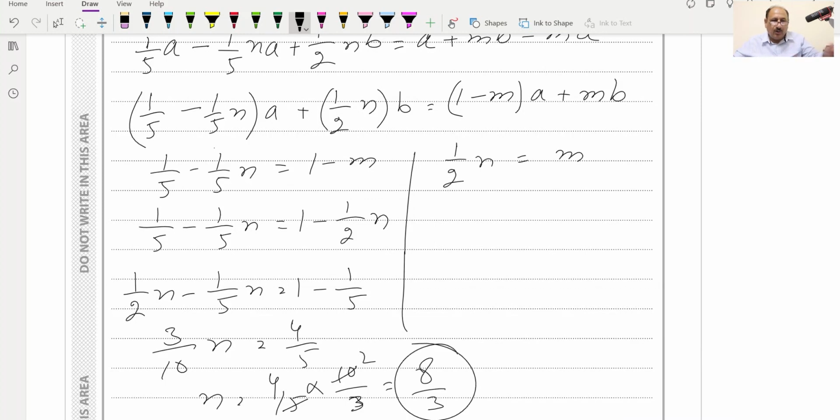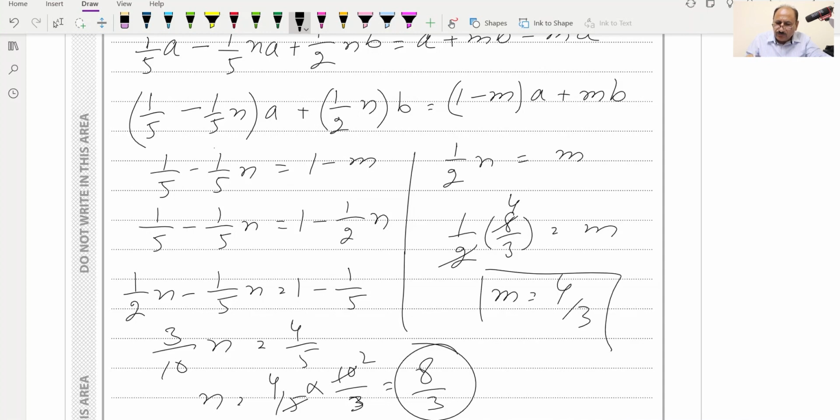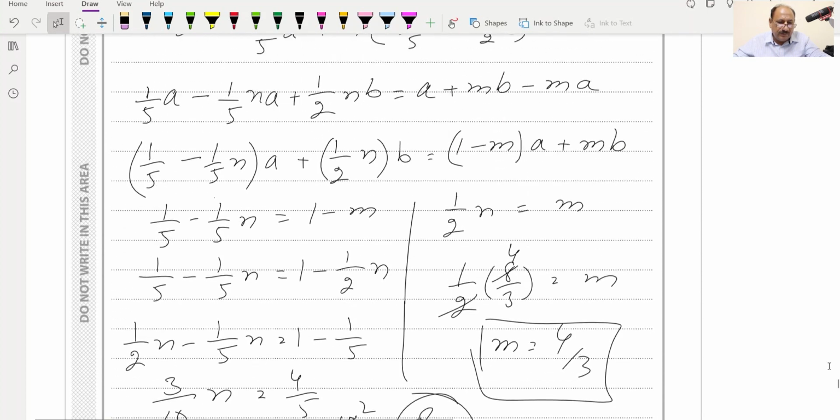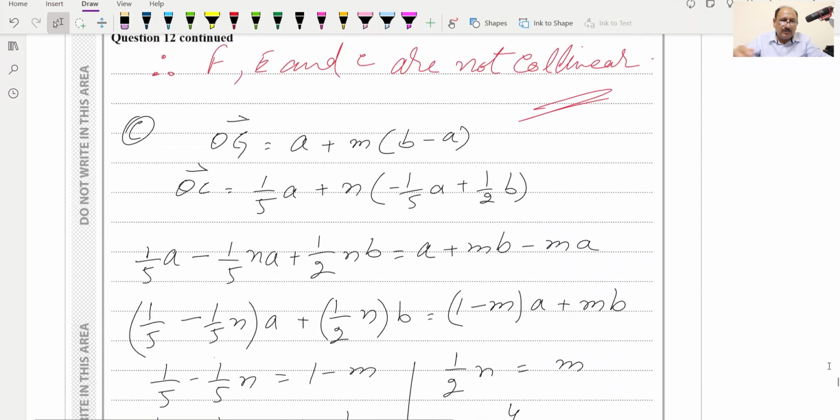This will be the value of n, 8 over 3, and this value of n we can replace over here, which is 8 over 3, and we'll get the value of m. So 2 4s are 8, so m is equal to 4 by 3. This value also we found, and this value we will be replacing in this first equation.